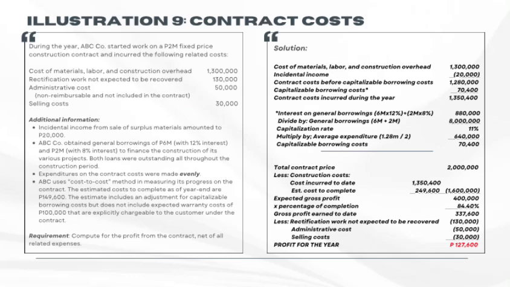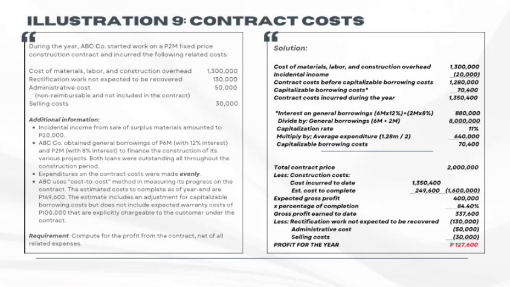1,300,000 less the incidental income, which is 20,000. That will give us the contract cost before capitalizable borrowing costs, which is 1,280,000 plus the capitalizable borrowing costs, which is 70,400.